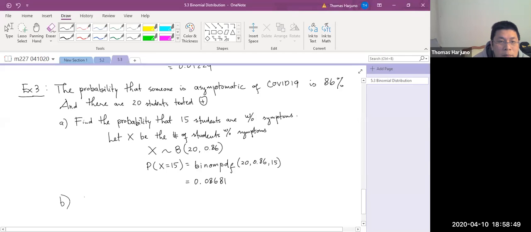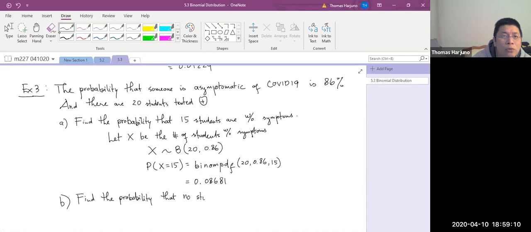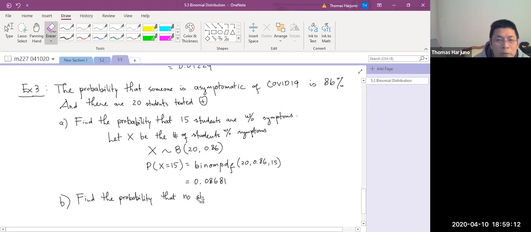Now, the crucial question is, find the probability that all students are without symptoms.